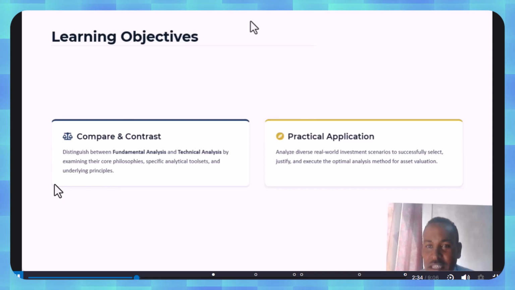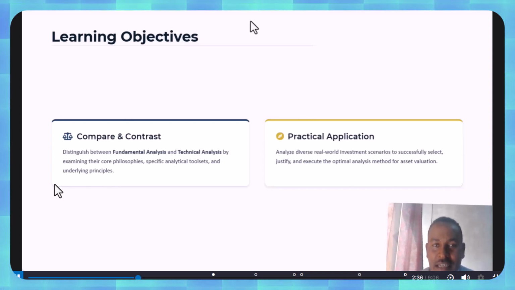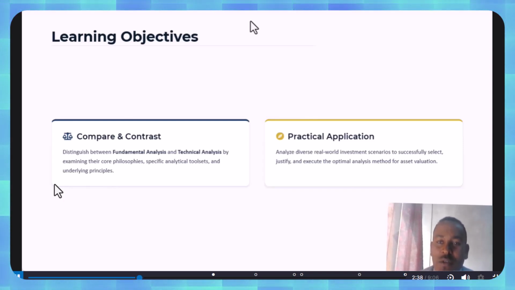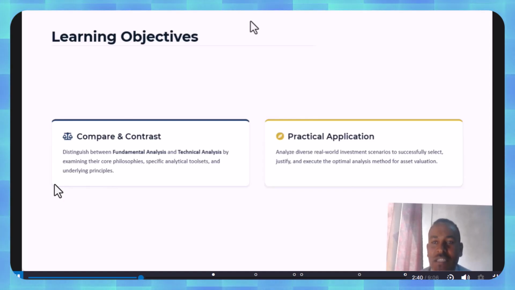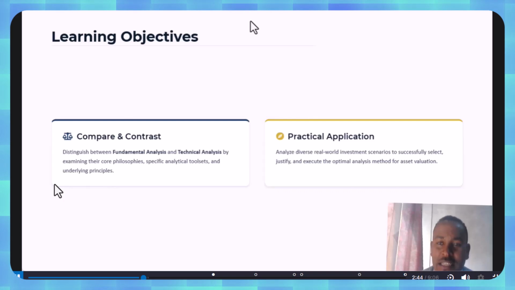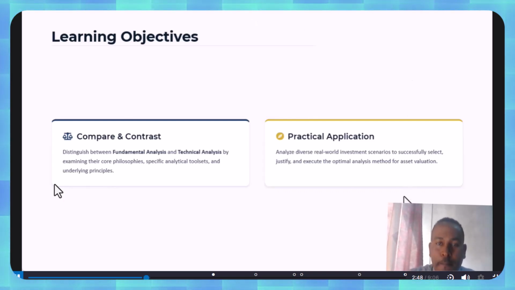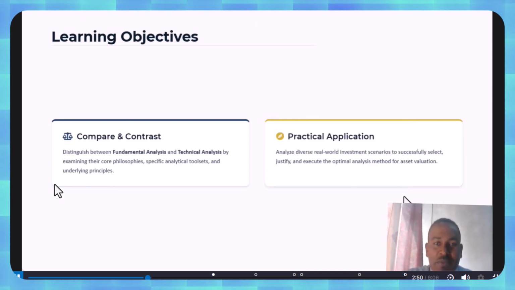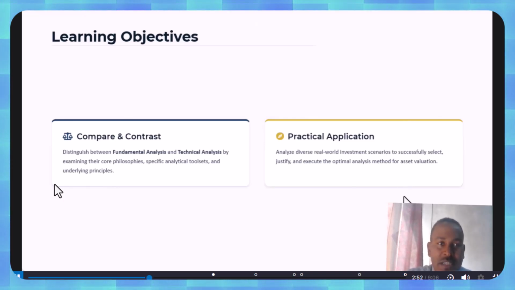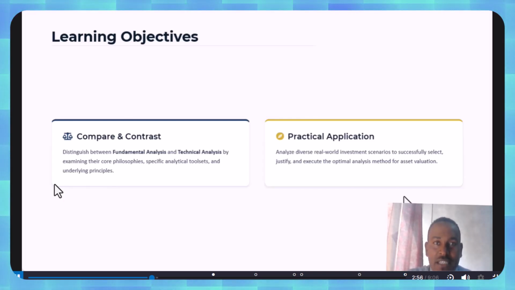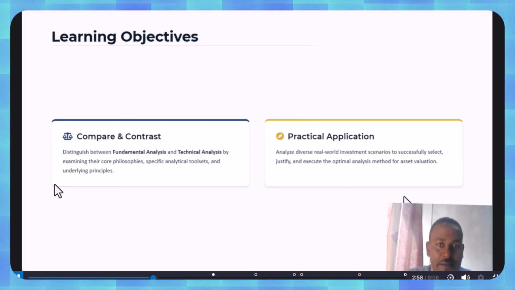Objective 2, practical application. What is that? Analyze diverse real-world investment scenarios to successfully select, justify, and execute optimal analysis methods for asset valuation. By the end of the presentation, you will achieve these two objectives.